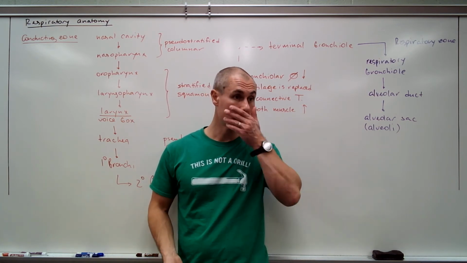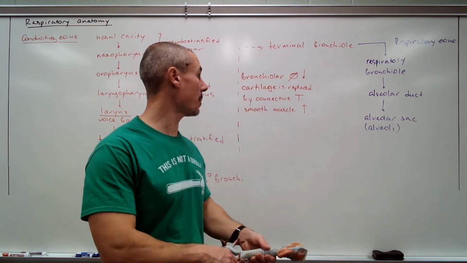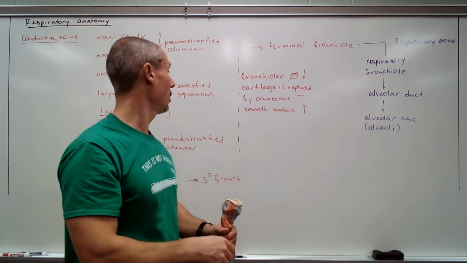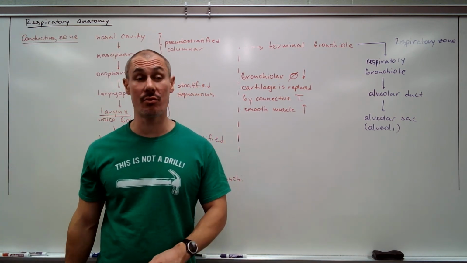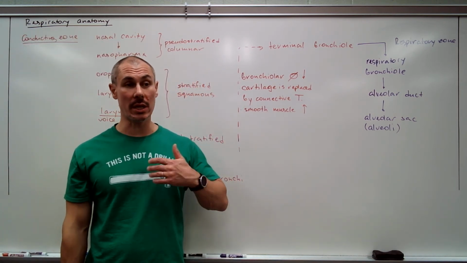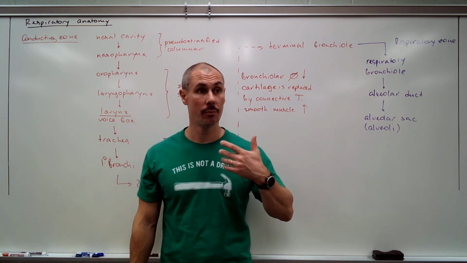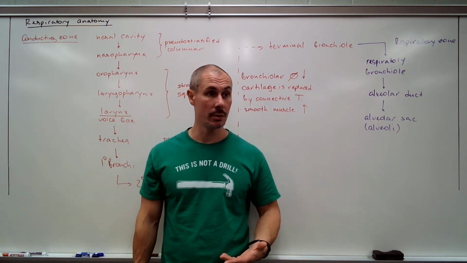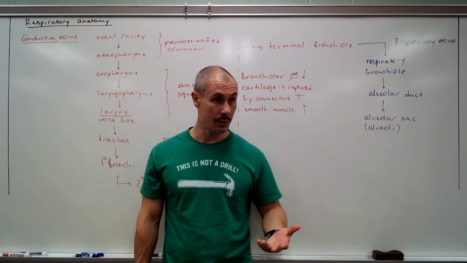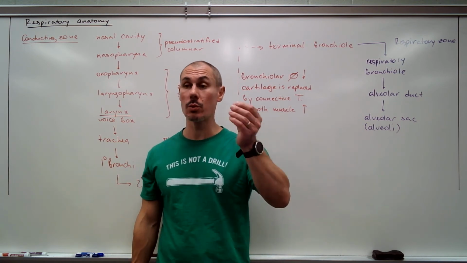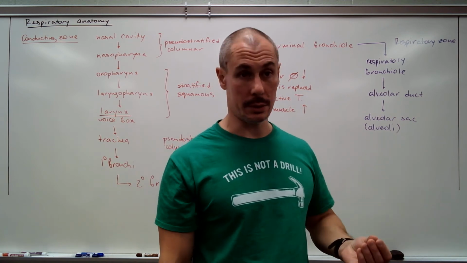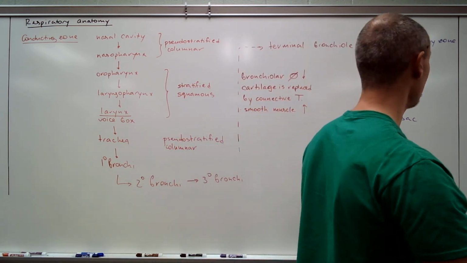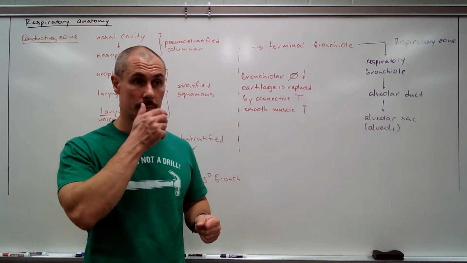Am I clear? Now here's the thing. Same happens in the bronchiolar tree. Trachea, primary, secondary, tertiary bronchi, they do not really constrict or dilate because that would stop the delivery of gas in and out of the lungs. Does that make sense? But smaller ones will regulate the amount of air that reaches the lungs. Are we clear?